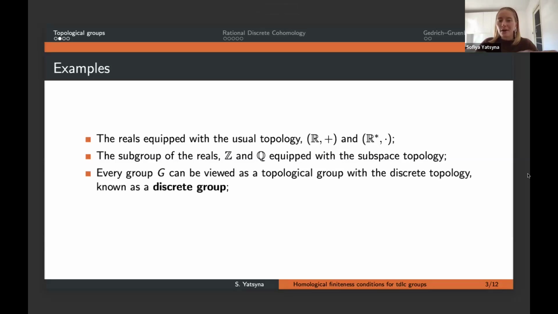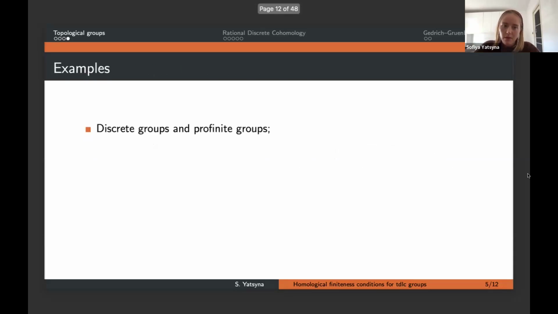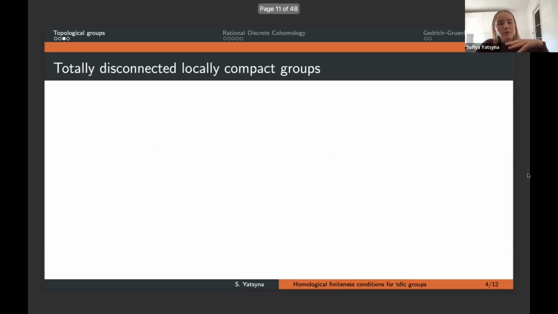I work on a larger range, where I look at a larger sort of topology around these. And the one that will be the focus of my talk today will be totally disconnected locally compact groups. So what are totally disconnected locally compact groups? These are groups that have a profinite subgroup in them, and the subgroup has to be compact open.